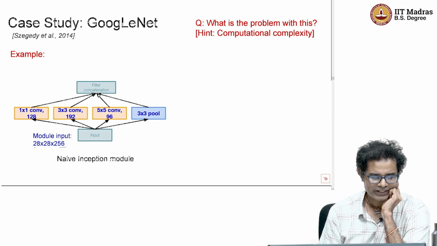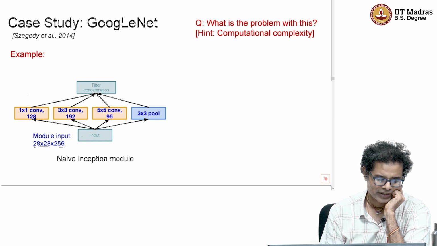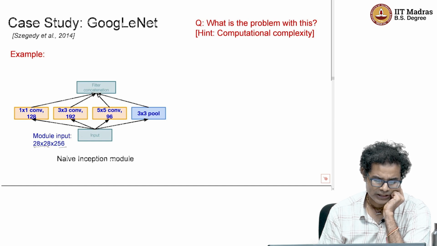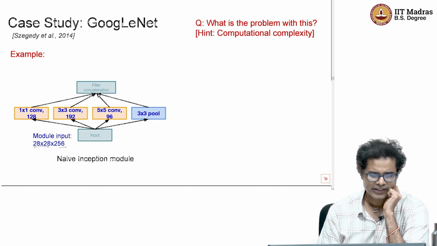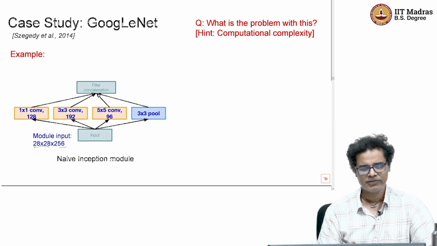When we apply the first filter, the spatial dimension will remain the same. So it will be 28 cross 28, and the channels become 128, right? So it will become 28 cross 28 cross 128. For the 3 cross 3, let's say it is using stride 1 and padding of 1. So again, spatial size will remain the same, 28 cross 28, and the number of channels becomes 192.